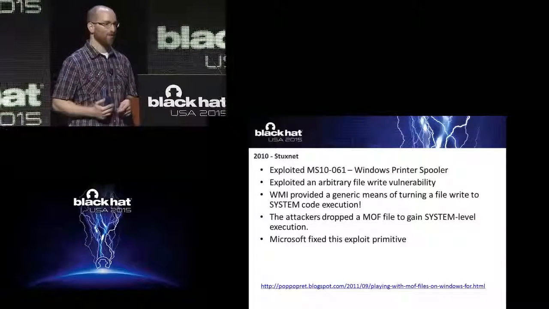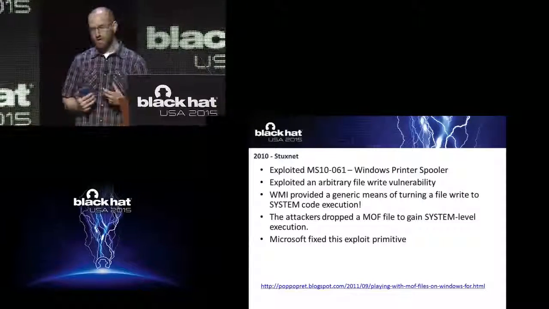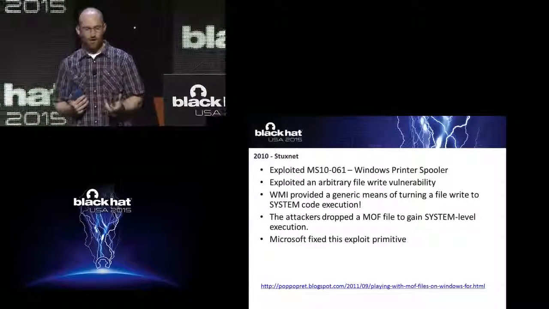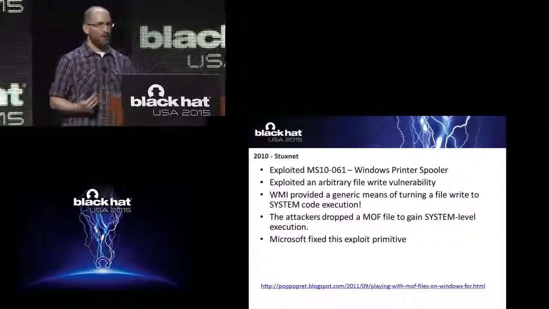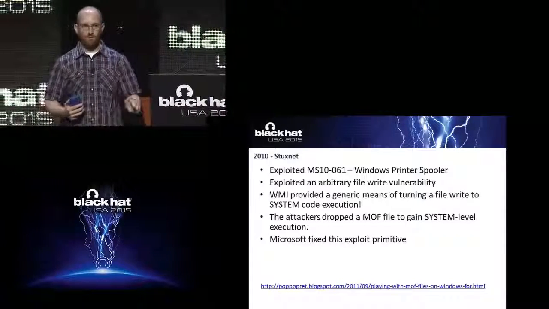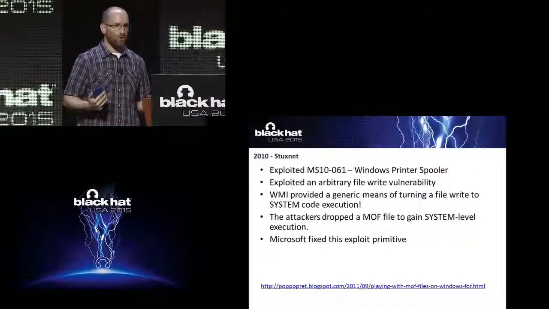Stuxnet took advantage of was MS-10-061, the printer spooler vulnerability, which basically enabled the attacker to write an arbitrary file to the file system. So just imagine, if you could drop any file to the file system in order to gain code execution, how might you go about doing that?